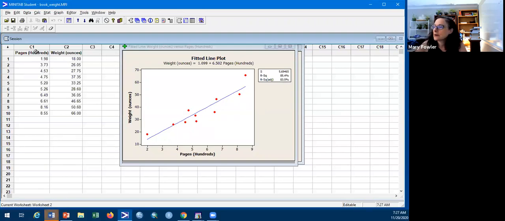I want to write the equation that we have. This line has an equation. I want to put that up on the whiteboard and play around with predicting weights of books, and also get some measure of how well the line does to predict or estimate the weight of the book.